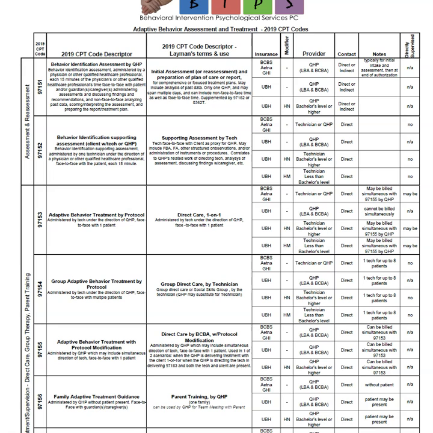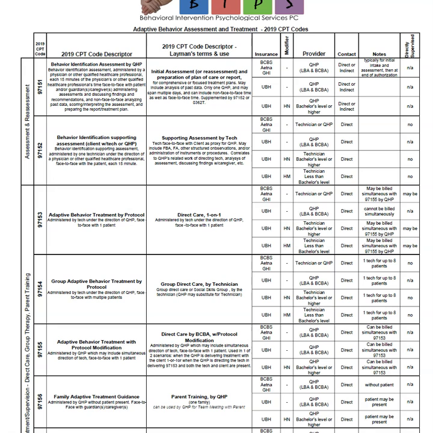So this is specifically for parent training with the caregivers, while UBH indicates that the patient may be present. I don't think that Blue Cross, Aetna, and GHI are saying that you must not have the patient present, but I think they're indicating that this is not a direct contact service with the patient.